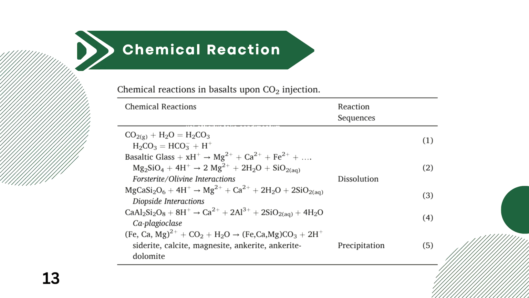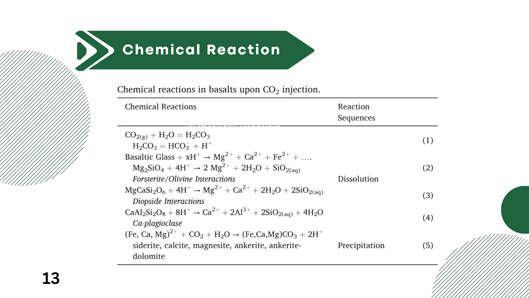there are a few chemical reactions and processes in these phases. If you can see in this table, our group has summarized a few chemical reactions that require a few reaction sequences, which are dissolution and precipitation.